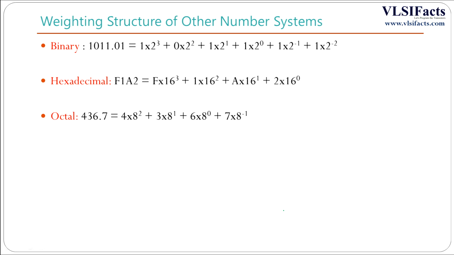It can be represented as 4 into 8 to the power 2 plus 3 into 8 to the power 1 plus 6 into 8 to the power 0 plus 7 into 8 to the power minus 1. For a base 4 system, let us say the number is 233. It can be represented as 2 into 4 to the power 2 plus 3 into 4 to the power 1 plus 3 into 4 to the power 0.